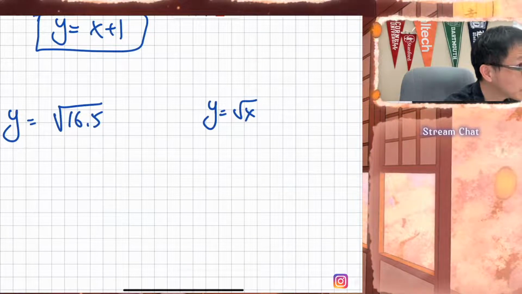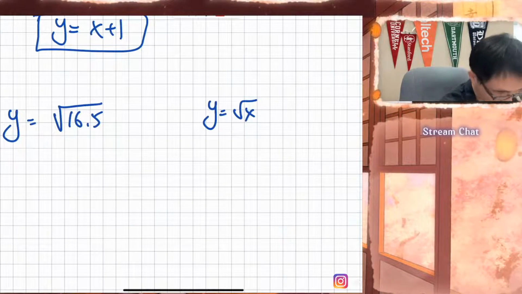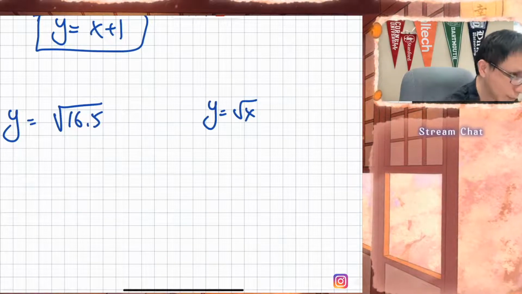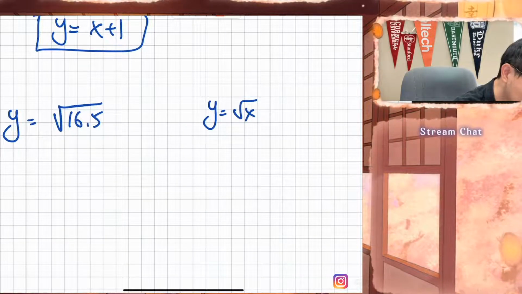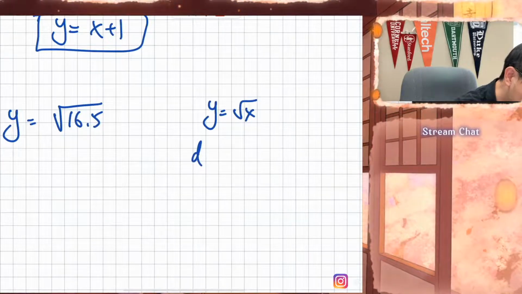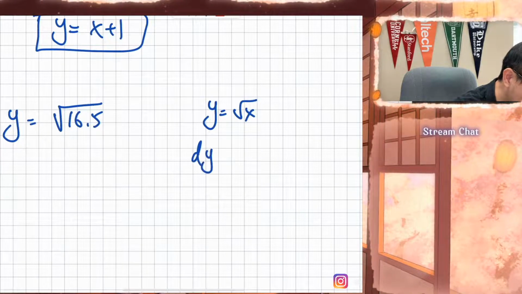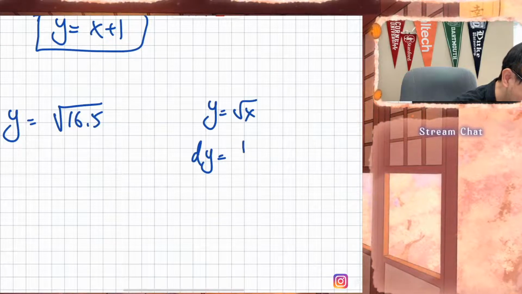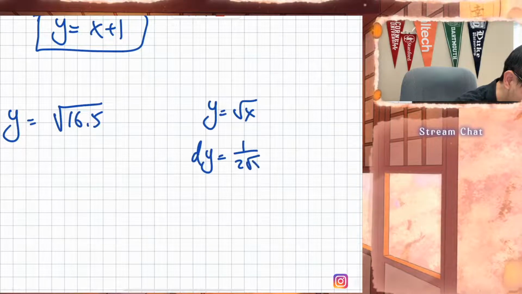What's the derivative here? We're going to take something called the differential. Then that's going to be dy, and it's going to be 1 over 2 square root x dx.